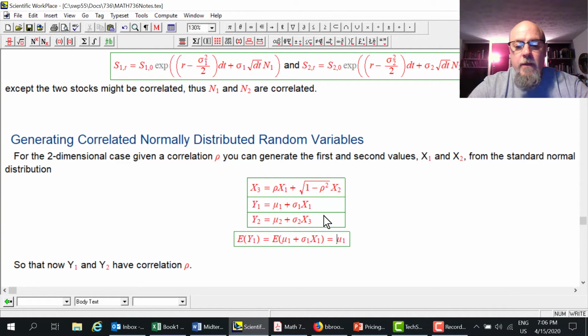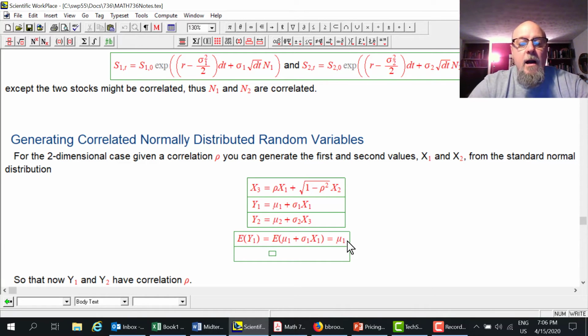Now I want to show that they have the target variance. So the variance, and I'll just do y1 to start.